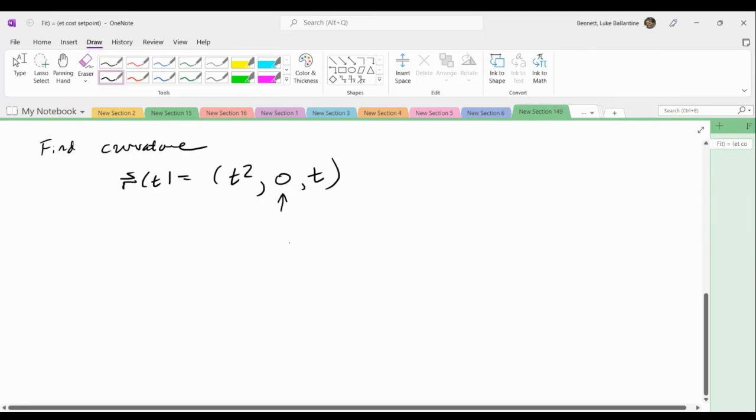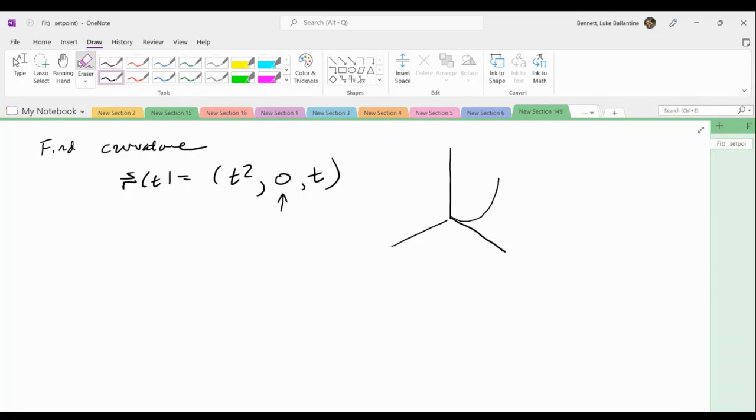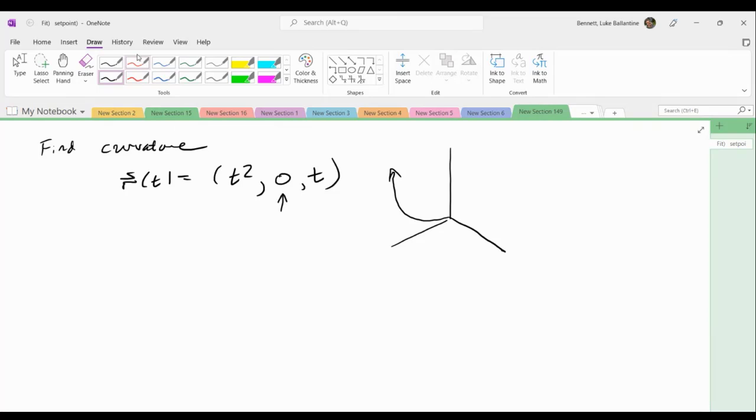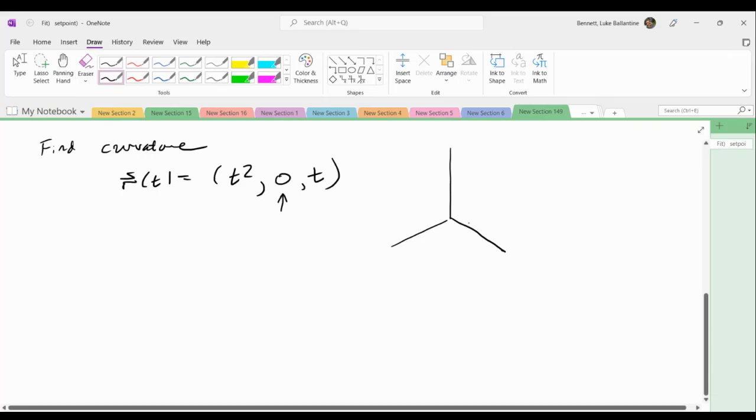You can tell because this is 0. So this looks like, wait, no, x is increasing. It's a parabola. Wait, no, they're flipped. So it's like the square root function, I guess, but like a parabola. So it's like this. Okay.